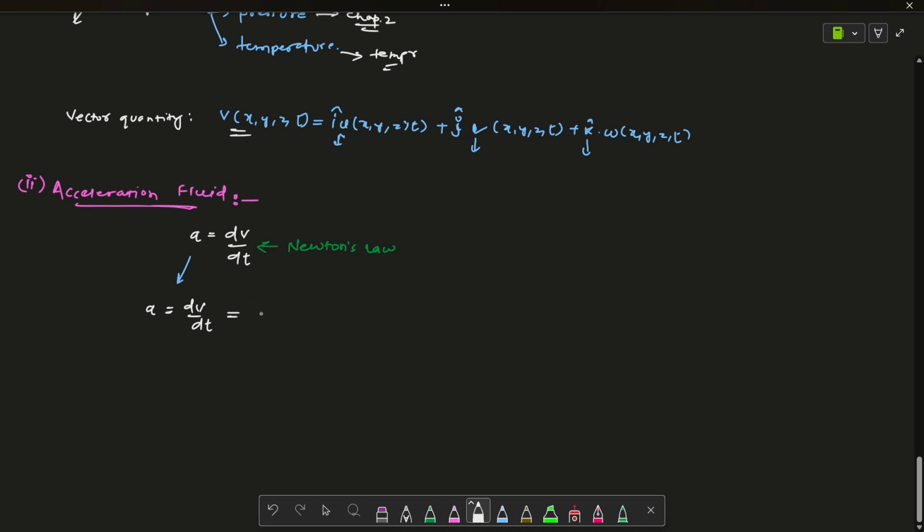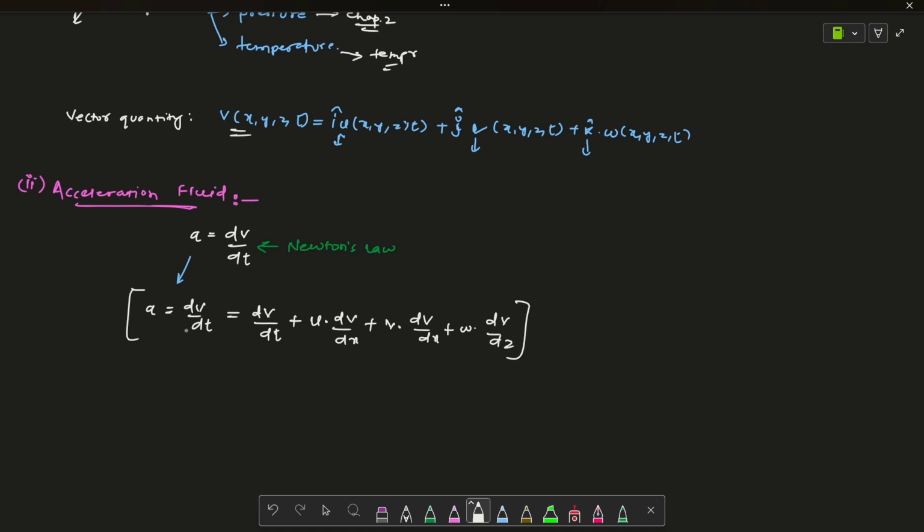So we can write it as dV by dt in each direction. But we also have to differentiate it in x, y and z as well, so u dV by dx plus v dV by dy plus w dV by dz.